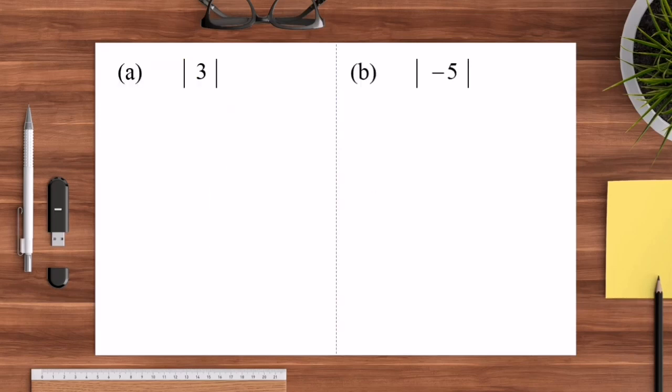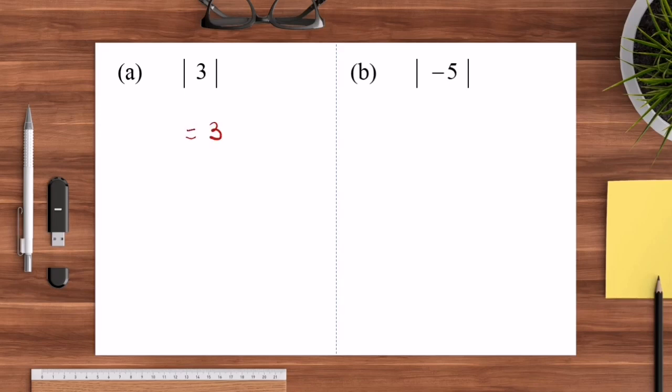Now let's see the solution for example 2. For this example, we want to evaluate the absolute value. For question A, absolute value of 3. Since absolute value of 3 is the distance unit from 0 to 3, which equals 3. So then absolute value of 3 is equal to 3.